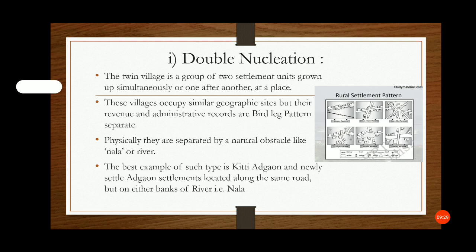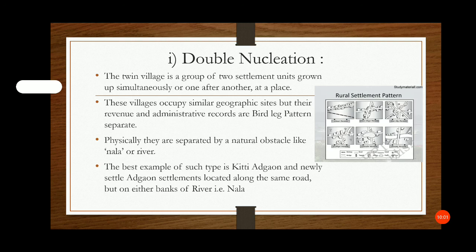Physically, they are separated by a natural obstacle like a nala or river. The best example of this type is Kitti Adgaon and newly settled Adgaon settlement, located along the same road but on either bank of the river or nala.